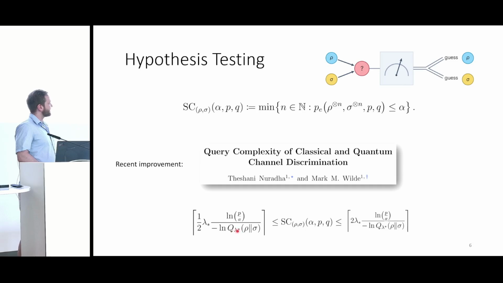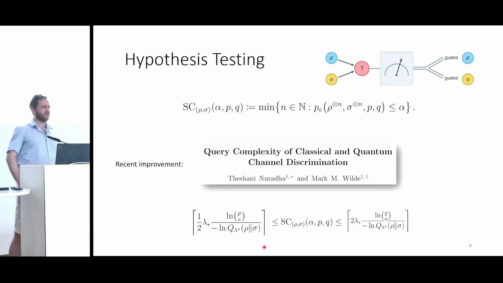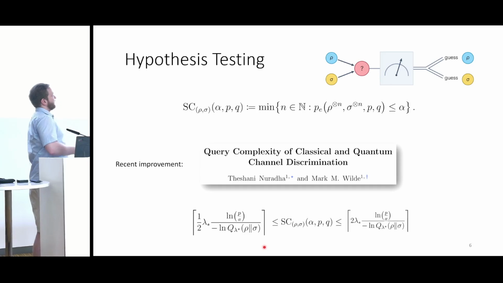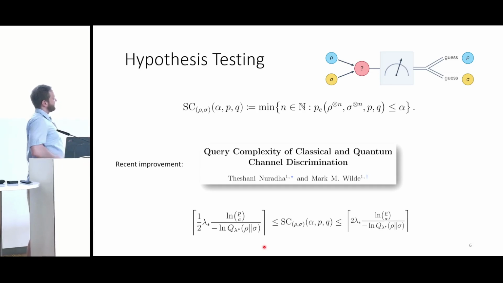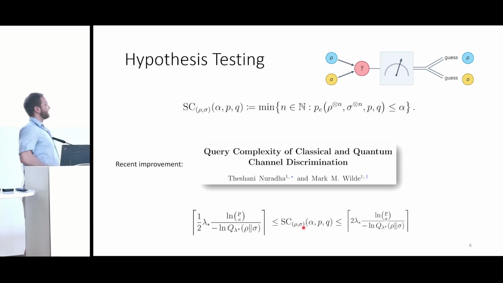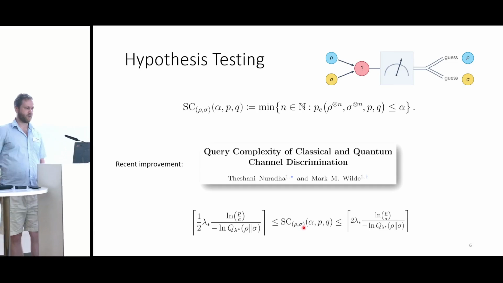You can see this is a quantity based on the Petz-Rényi divergence, essentially without the prefactor. The lower and upper bounds here differ only by a factor of, in total, 4. So you have a much cleaner bound. But most of what I'm telling you is based on the expressions on the previous slide, because our papers are already a couple of months older.